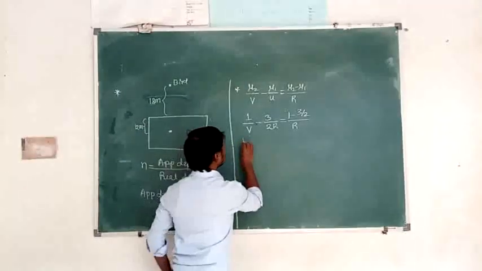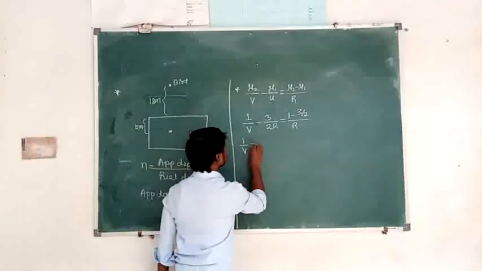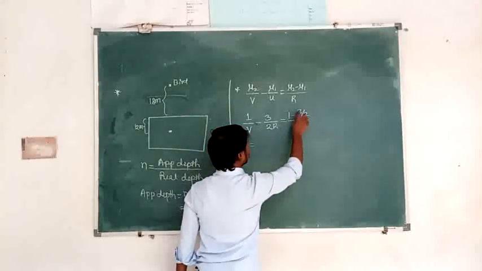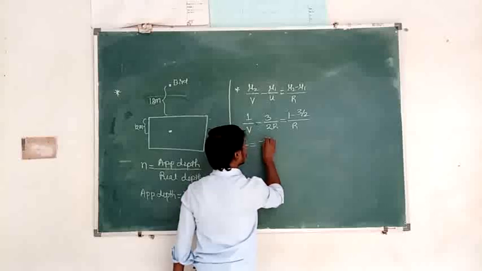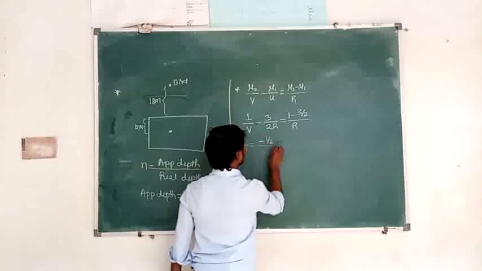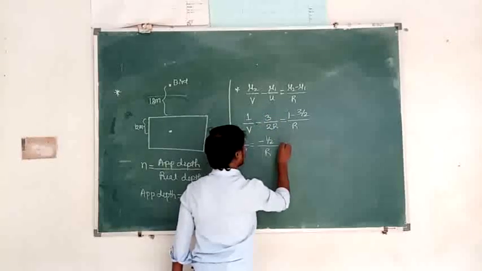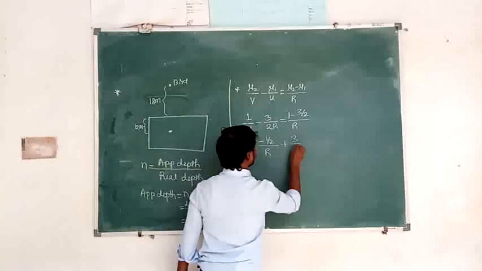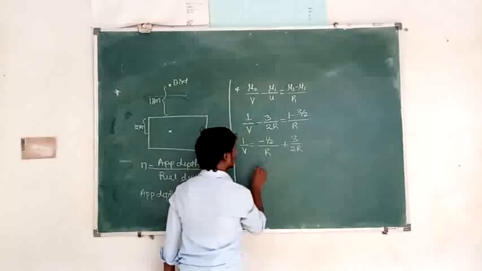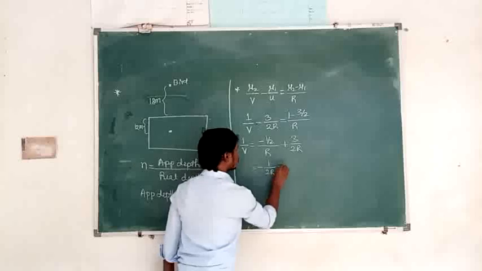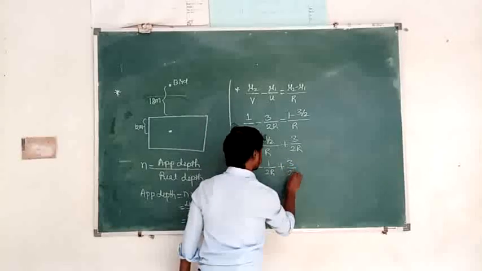That is 1 by v is equal to 1 minus 3 by 2, which is minus 1 by 2, divided by R. Then I will take minus 3 by 2R to the right hand side, that is 3 by 2R. Minus becomes plus, so it is minus 1 by 2R plus 3 by 2R.